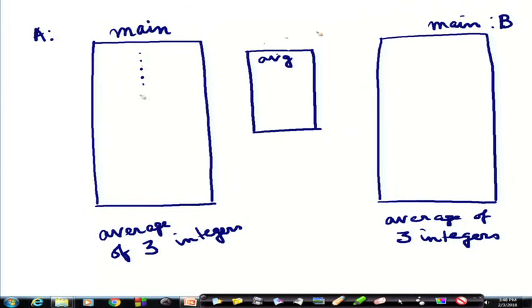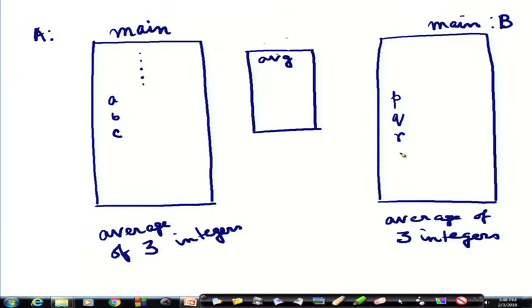Therefore, suppose the integers that A uses are A, B and C, and here this person wants to find the average of 3 integers which are P, Q and R, 3 variable names, right. Now, this average cannot remember P, Q, R or A, B, C.